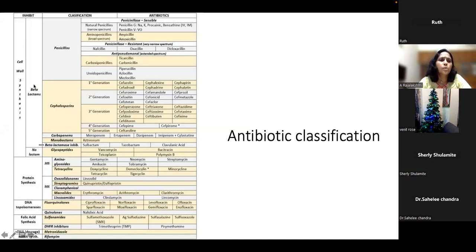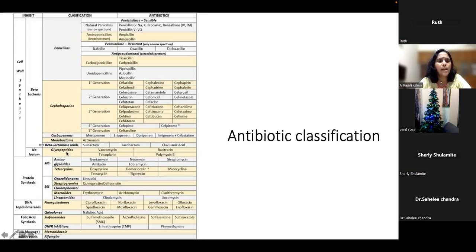In the beta-lactam group, it is largely divided into penicillin, cephalosporin, carbapenem, and monobactam, which is aztreonam. Without a beta-lactam ring but still acting on the cell wall, you have sulbactam, tazobactam, and clavulanic acid; these are also beta-lactamase inhibitors.